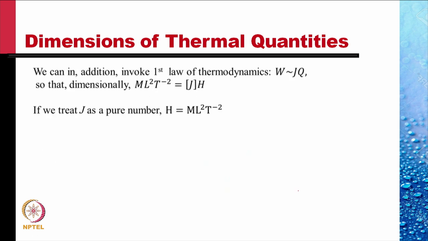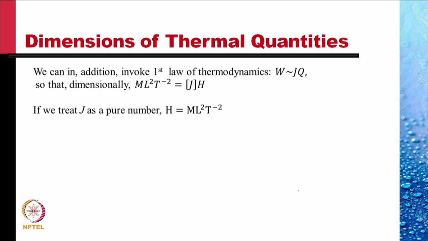If we invoke additionally the first law of thermodynamics, that is, the work is like J times Q. So dimensionally, the energy in both forms, W and Q, have the same dimensions, M L squared T minus 2. So H is no longer treated as a base quantity, and J is treated as a pure number, dimensionless.